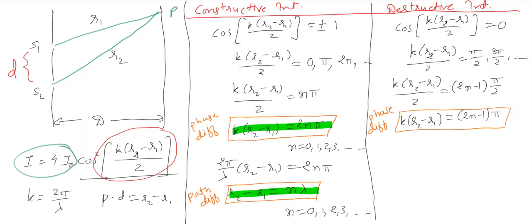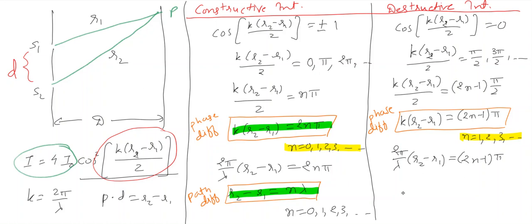And instead of k, if I take 2 pi by lambda, well, let me mention n here. n is 1, 2, 3, and so on. Be careful: for constructive interference n starts from 0, and here n starts from 1. Okay. Now I replace k with 2 pi by lambda, so I'll have 2 pi by lambda (r2 minus r1) equal to (2n minus 1) pi.